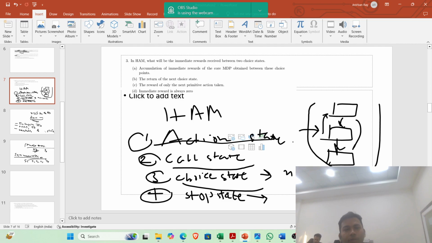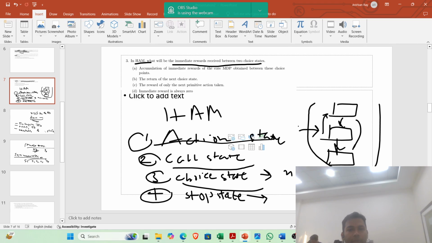So our question is, you're given a hierarchical abstract machine, and what will be the immediate reward received between the two choice states? There are two choice states here.